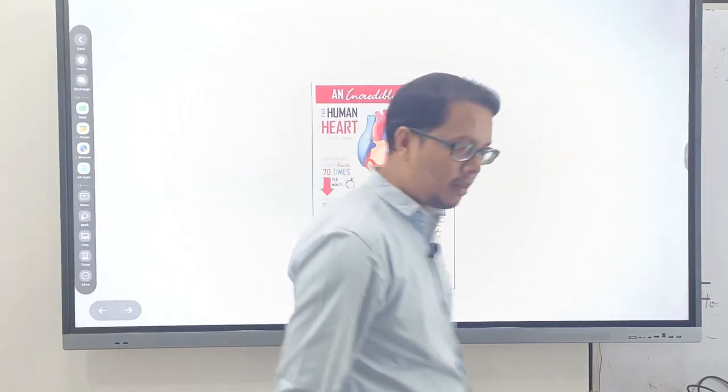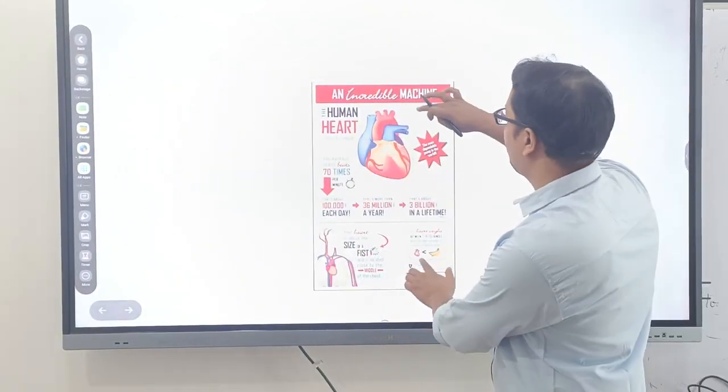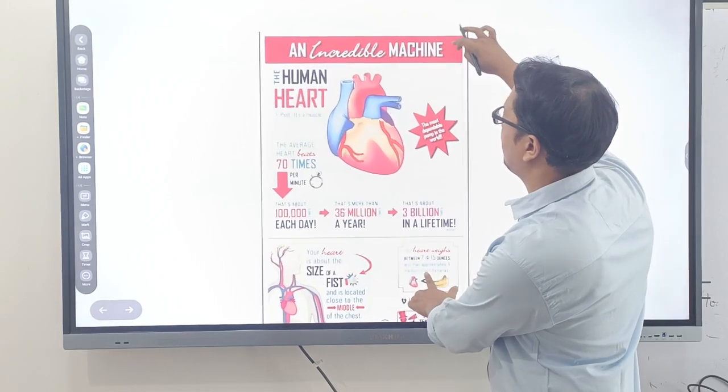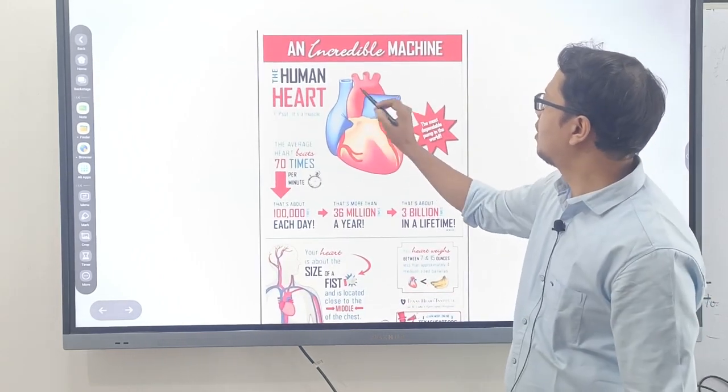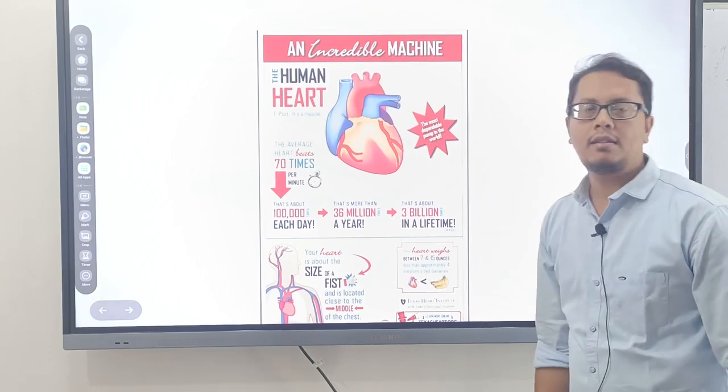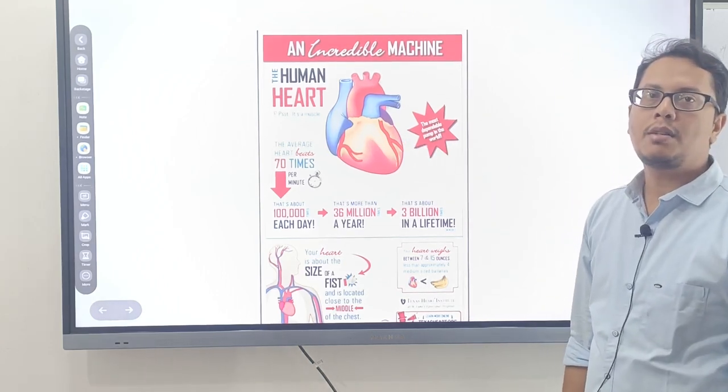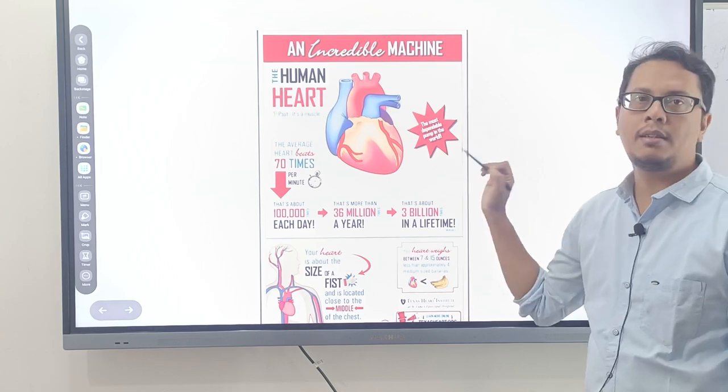Now, there are certain interesting facts about the human heart. The human heart is an incredible machine because it is a very reliable pump.